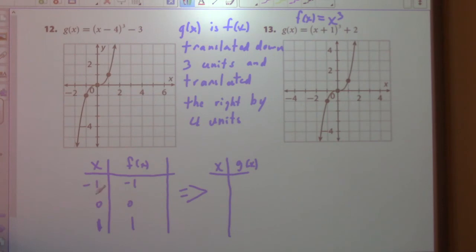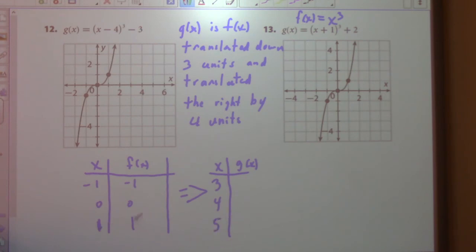Do we add 4 to -1? Yes, we do. So what's -1 plus 4? 3. And then 0 plus 4 is 4. And finally, 1 plus 4 is 5.